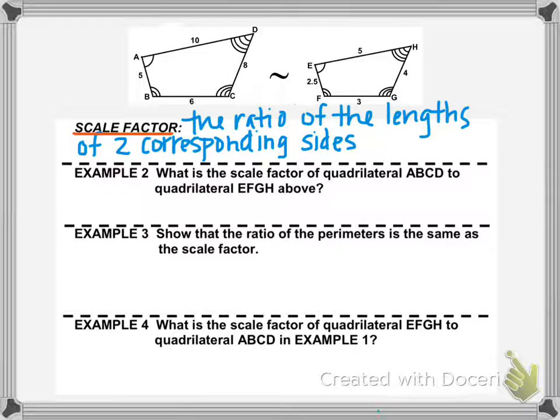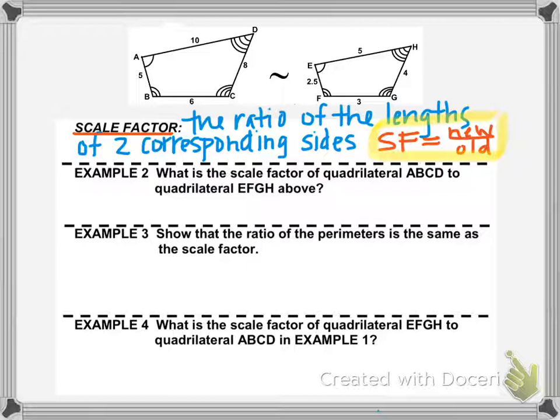And the two different ways are going to be determined by which side goes on the top versus which side goes on the bottom. So the way that we want to remember this, the scale factor equals new over old. And I'll explain what that means in a minute. New over old, know this. Highlight it, put it somewhere safe.